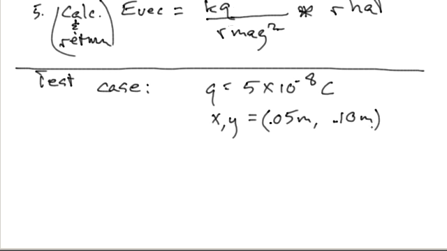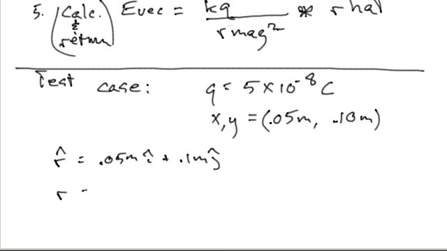So that would mean, by the way, that R is equal to 0.05 meters I plus 0.1 meters J. We'll have a lot of stuff to check here.